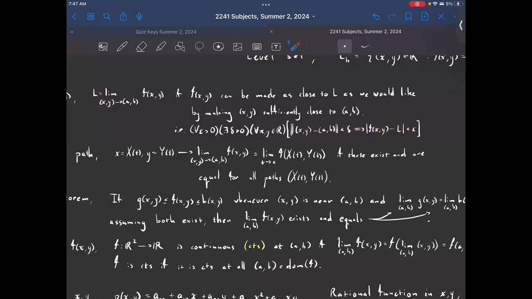So you control this error, you control this error. Whenever you control this error, you get to control that error as well. That's all it's saying.